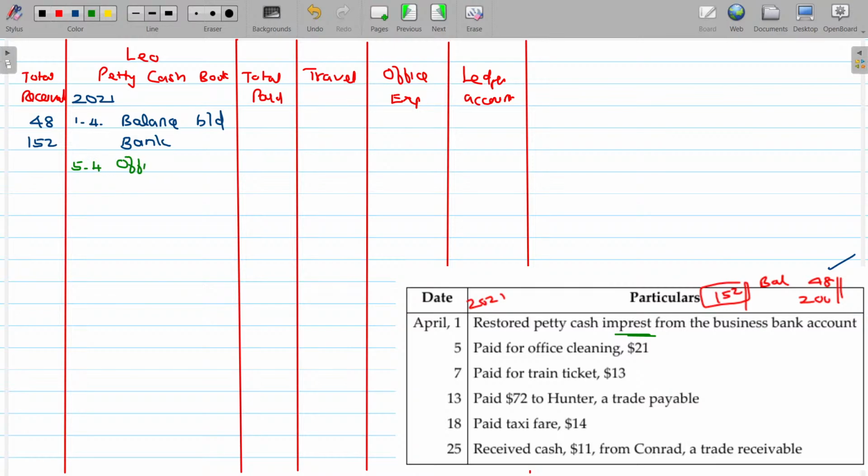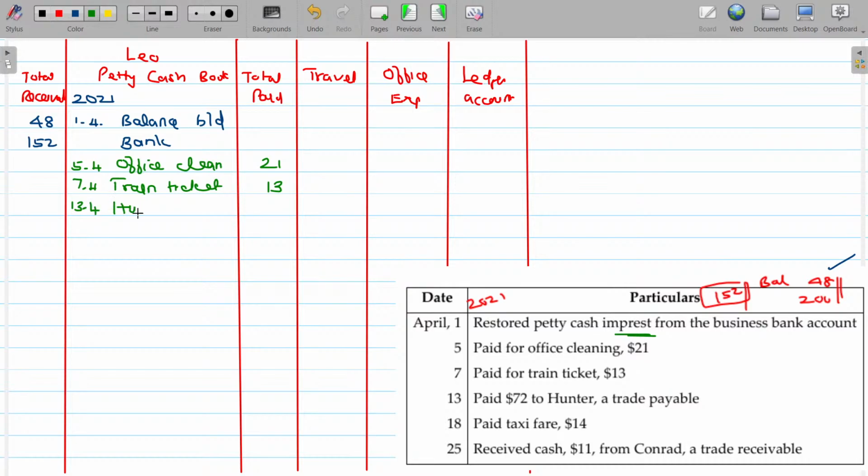Office cleaning, $21. Paid for train ticket on 7th April. Train ticket, the value being $13. Paid 72 to Hunter trade payable on 13th April.